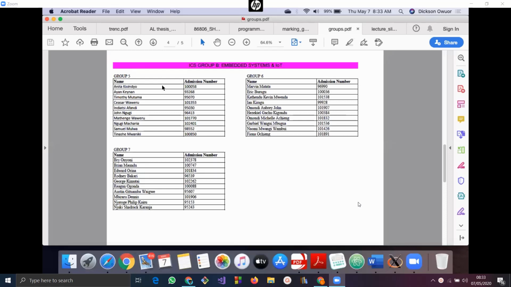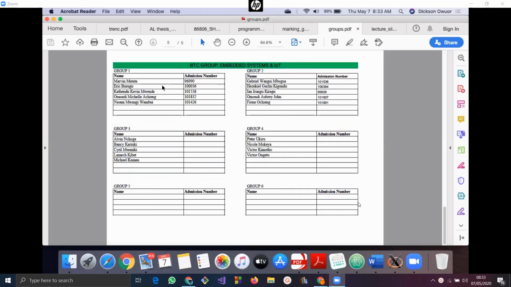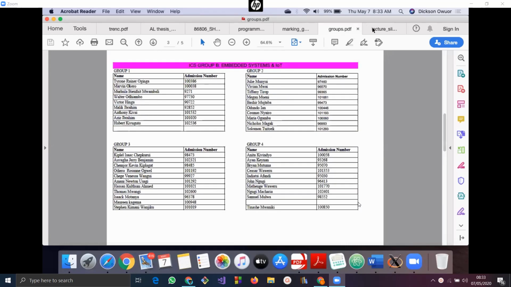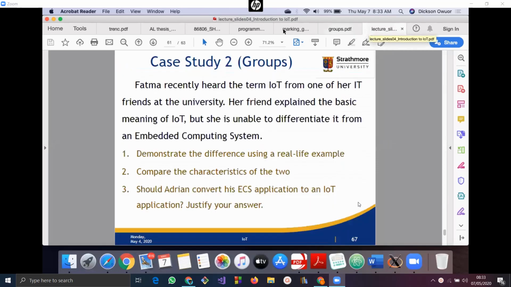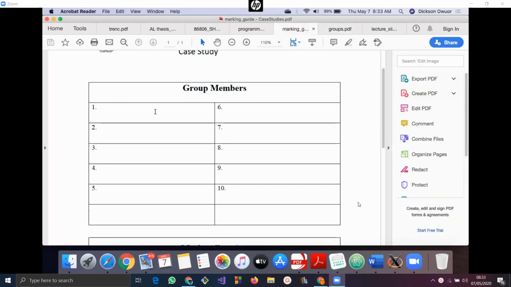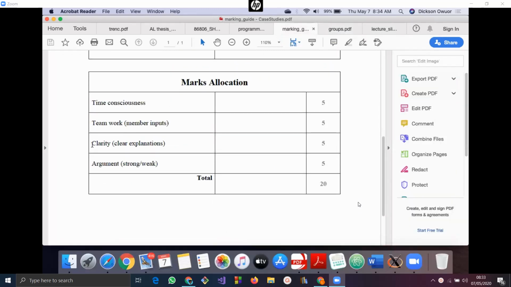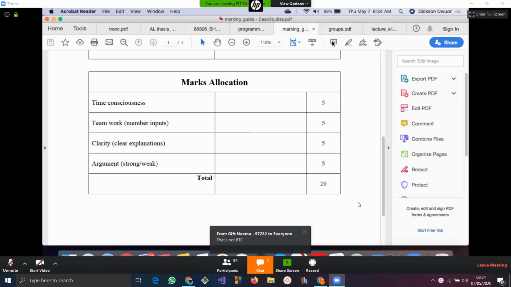Then BTC, the group for Marvin, Eric, Kevin, Michelle, and Naomi. Okay, so we'll start with ICSA group 1. This is the marking guide that I'll use. I think I showed you. I'll look at time consciousness, teamwork, the clarity of your explanation, and then the arguments that you have for whatever choice you make.